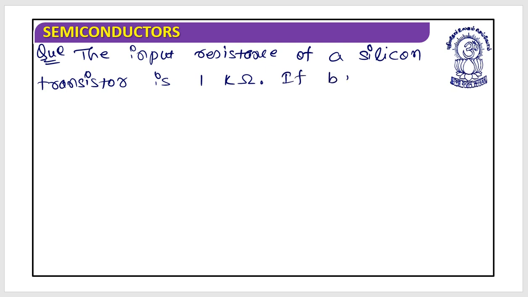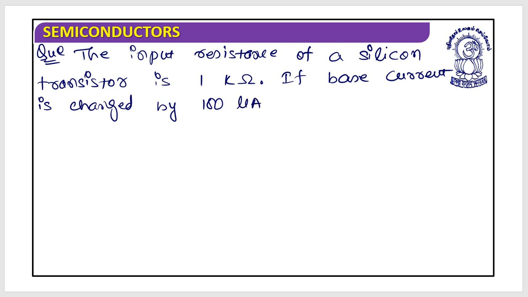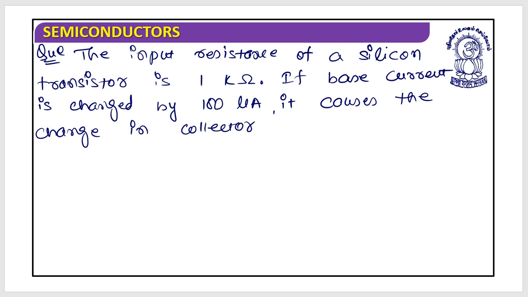If the base current is changed by 100 microampere, it causes a change in the collector current by 2 milliampere.